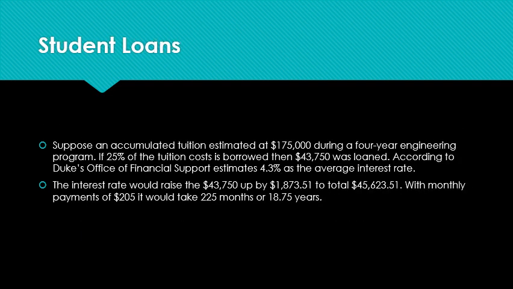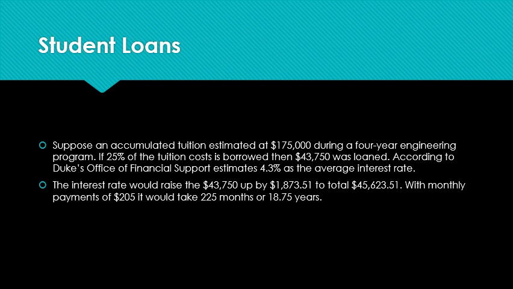Student loans. Suppose an accumulated tuition estimated at 175 grand over a 4-year engineering program. If 25% of the tuition cost is borrowed, then $43,750 was loaned. According to Duke's Office of Financial Support, they estimate that about 4.3% is the average interest rate on loans.